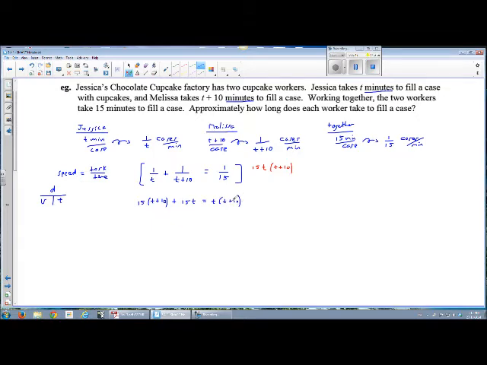And I'm just going to expand all this out and simplify. So I have 15t plus 150 plus 15t equals t squared plus 10t.